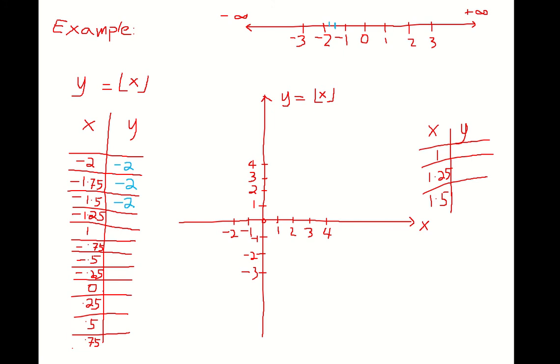And how about negative 1.25? Our negative 1.25 is somewhere here, and negative 1.5 is somewhere here. So when we round it down, not to negative 1, but again to negative 2.